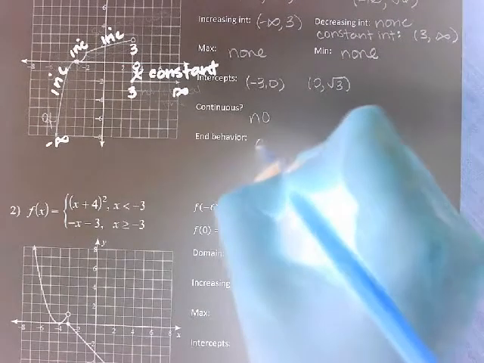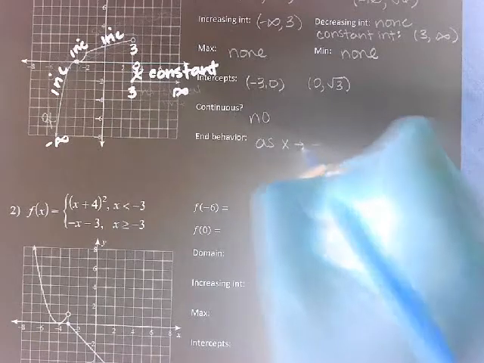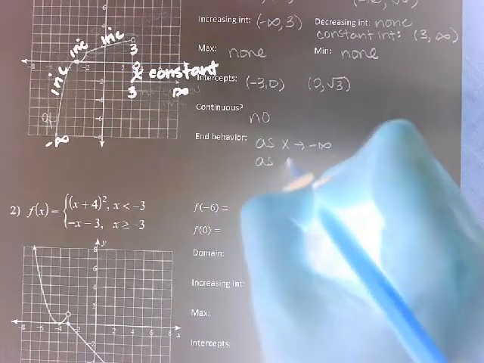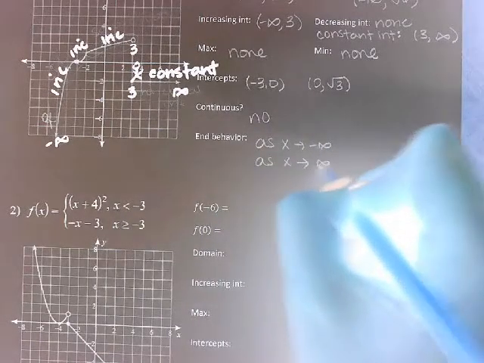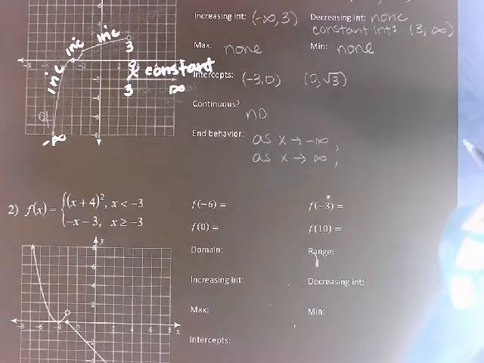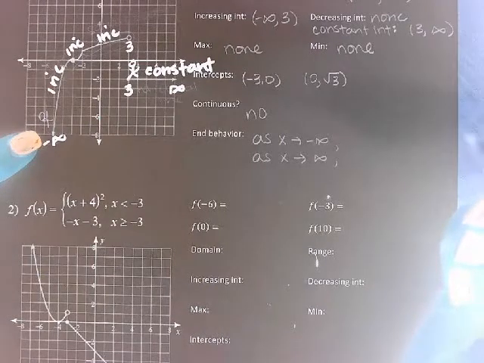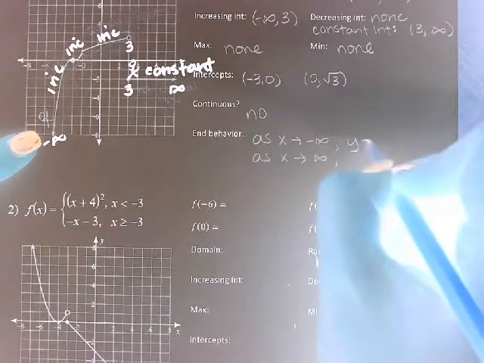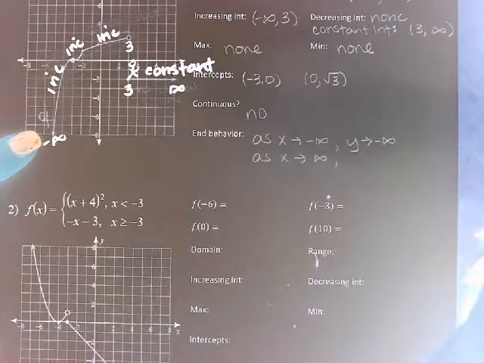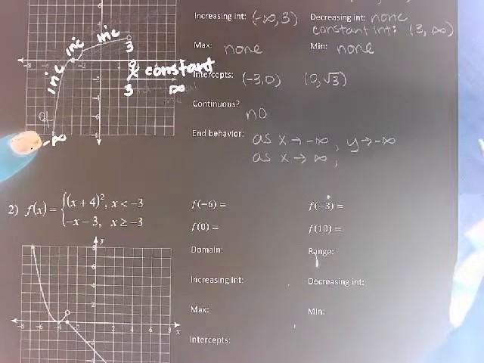So we're going to say as we look to the left and as we look to the right. What happens to the y coordinate when you look on the left side of the graph? It goes down. So I'm going to say y is going to -infinity. Y is going down. What happens to the y coordinate when you look on the right side of the graph? It doesn't stay at 0 though.